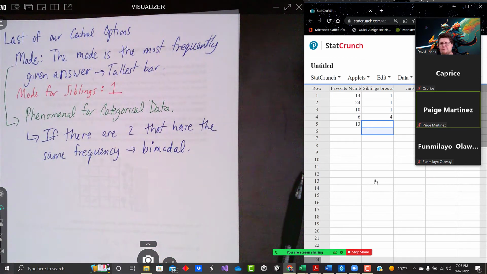And this would be like if I had another 4, maybe a 3. 1 and 4 would be both modes. We would list both as the mode and say bimodal.